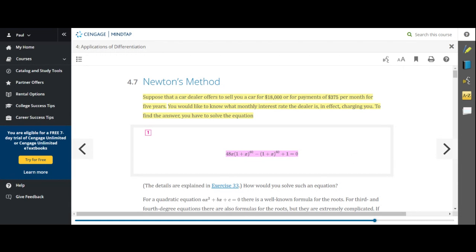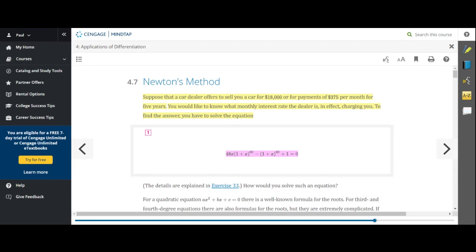Does that look like something you could solve? Definitely not. You learned in pre-calculus the rational root theorem for finding candidates for rational roots, and then you use synthetic division to find the root, break the polynomial down, and then find some other roots.